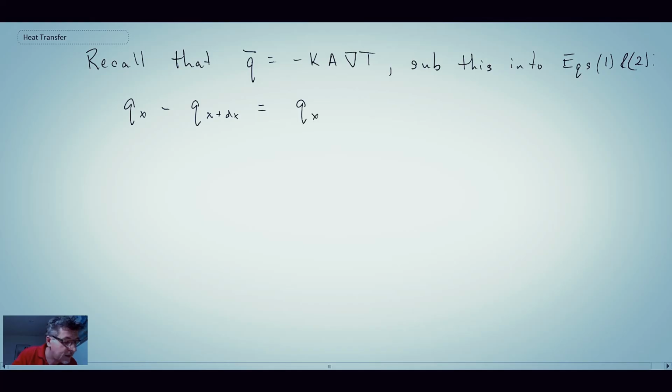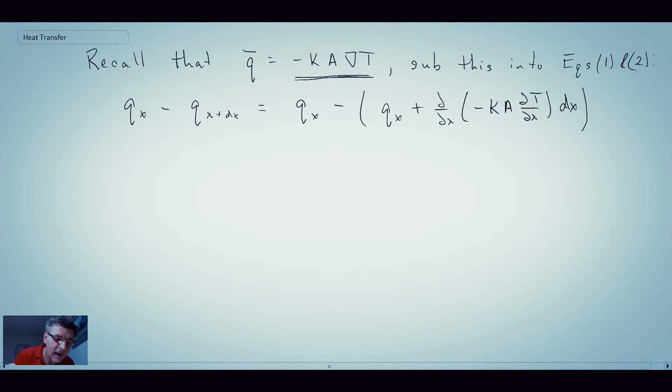So we have qx, and then writing out how we evaluated using the Taylor series expansion, we have plus partial by partial x of qx, the heat flux in the x direction. I'm going to make a substitution here from Fourier's law for that term. So let's plug that in, and we get that term.